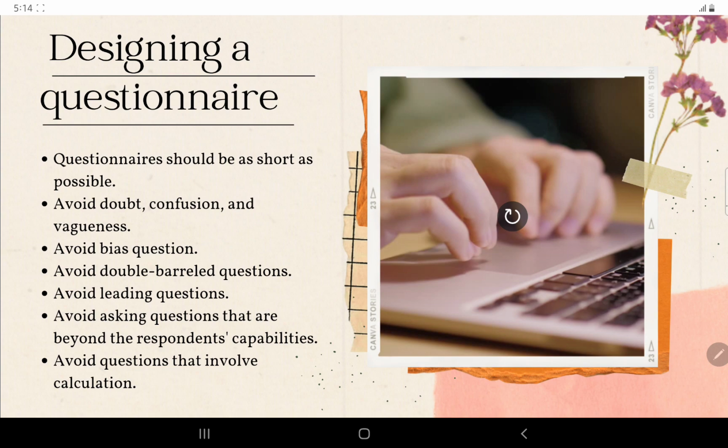Okay, questionnaire is usually the cheapest method. Okay, yang paling murah lah method yang paling murah untuk gather information from the respondent. Okay, compared to contohnya telephone interview ataupun personal interview. Okay, so however, the questions in the questionnaire must be prepared carefully.